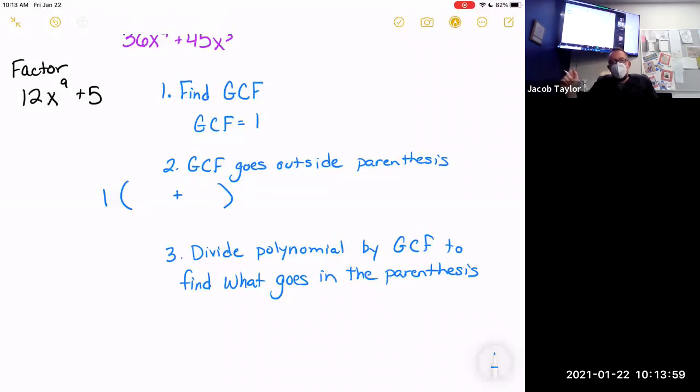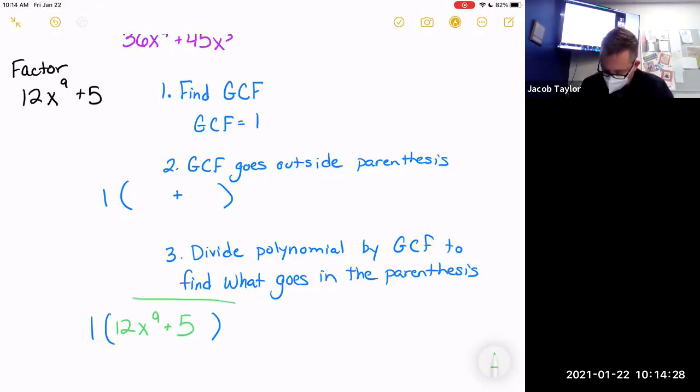What's 12x to the 9th divided by 1? Take your time. 12x to the 9th divided by 1 is... Oh, it's 12x to the 9th. Plus. And then what's 5 divided by 1? 5. There's my answer. Very good, Brock. The answer is 5.